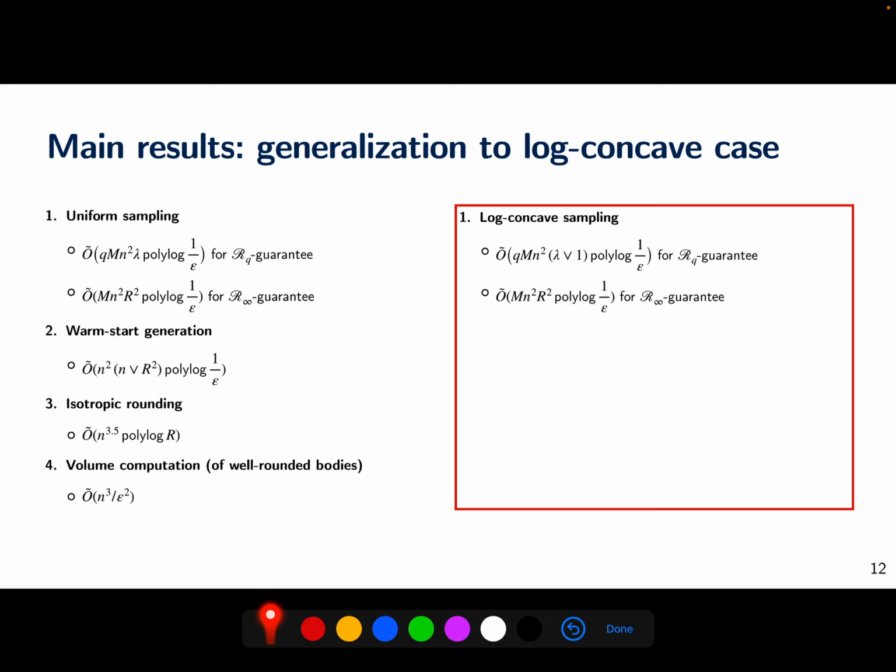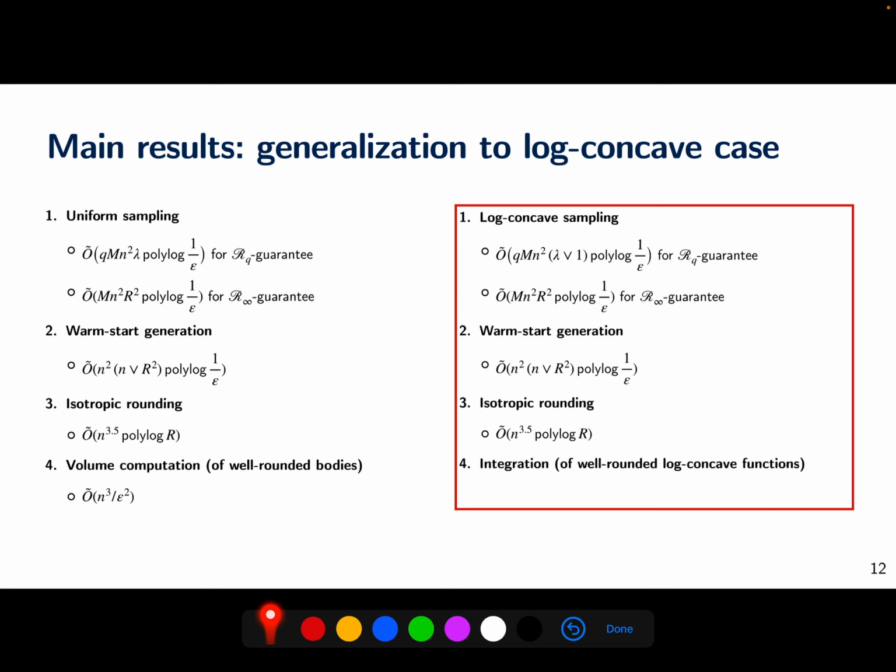The only difference is that we have some kind of maximum of lambda with 1 here. For warm start generation, we can achieve the same complexity as the uniform sampling case. And for isotropic rounding, we can also achieve the same complexity.